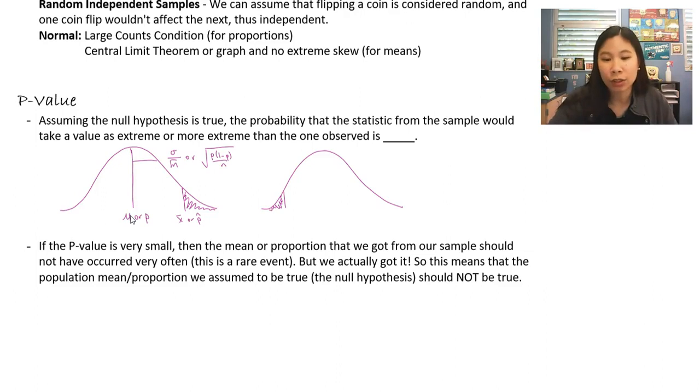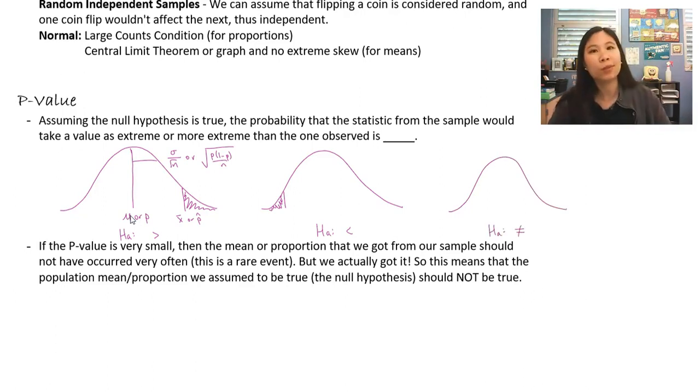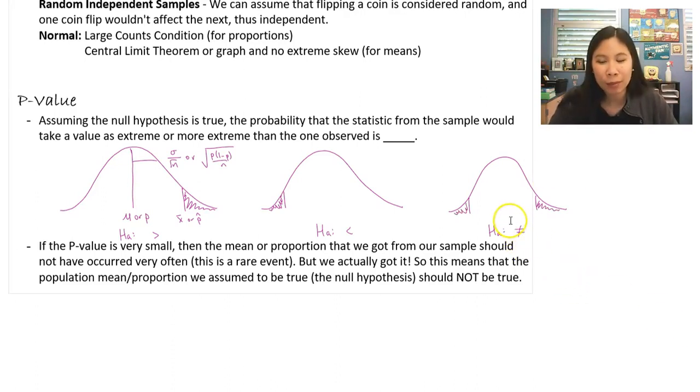So in our alternative hypothesis, this would be when you use greater than as your symbol, and less than as your symbol when you shade to the left. And we also said there was one more, the does not equal to symbol. So when that happens, we're actually finding both sides because we're saying we don't care if it's greater than or less than as long as it does not equal that number.